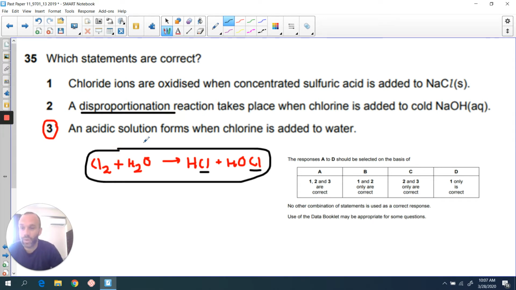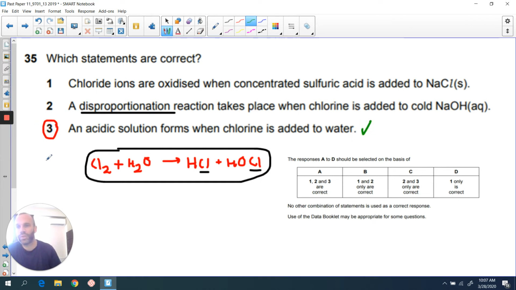Well, it's one in which one species will both be oxidized and reduced. I repeat, disproportionation is when one species going into the reaction will be oxidized and reduced. In this case, we're talking about the chlorine. So we can safely say that point number 3 there is correct.